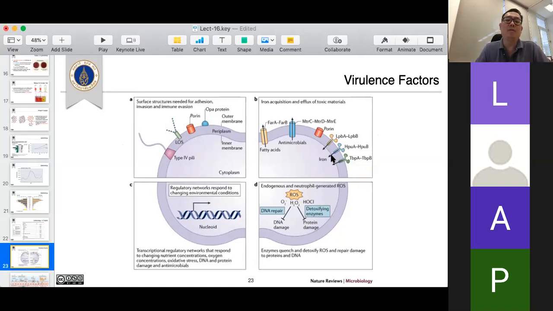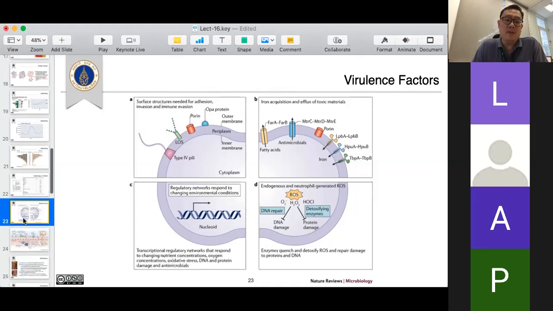Together with antibiotics, there is a drug efflux pump, which also pumps out toxic material. They can switch to a new antigen, and also have enzymes to degrade reactive oxygen species, toxic substances from cells that might harm the bacteria.